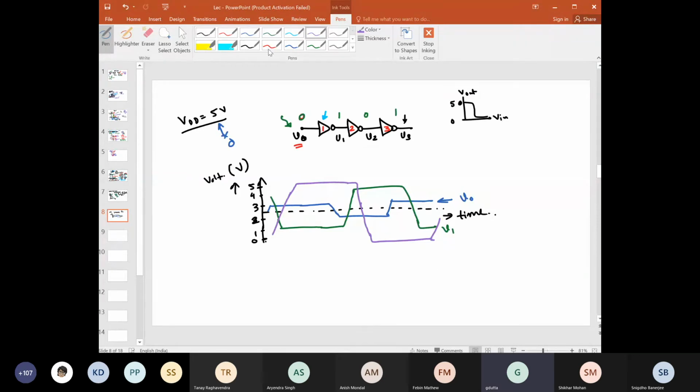Not a very perfect figure, but I think you are getting what I am trying to say. If you have this V3, now it will be almost closer to this one. You will get almost the full swing.